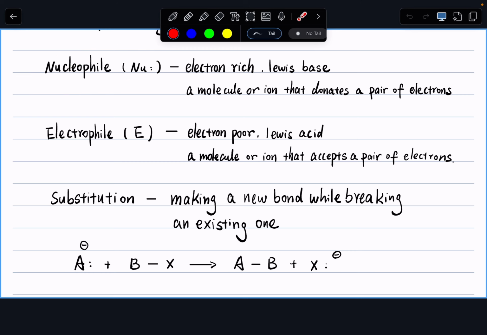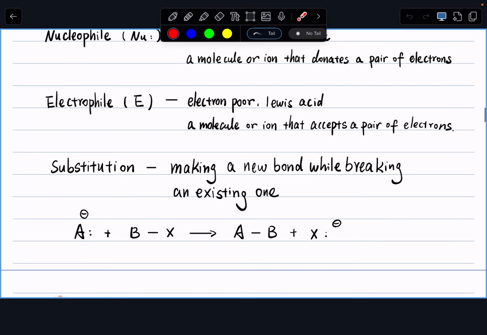So substitution is an elementary step in organic chemistry in which we're making a new bond while breaking an existing one.